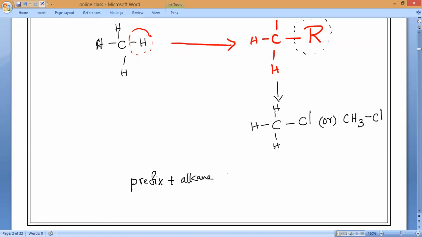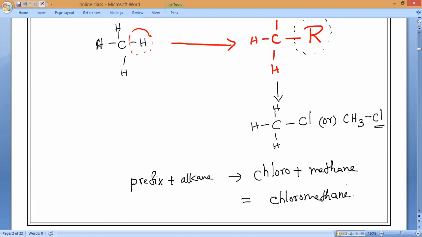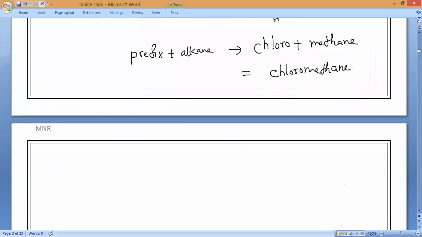That is what you should remember: the halogen alone gets a prefix first. What is the prefix here, everybody? Chlorine, so chloro, plus alkane. What is the alkane? Methane. So the name of this one is chloromethane. Understand, everybody?